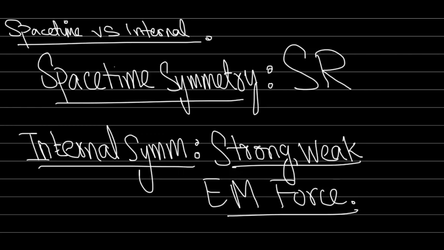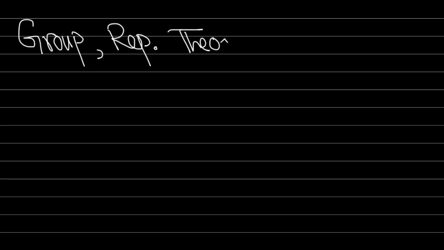We are going to have to deal then with the transformations, and we can do that mathematically, right? And how do we deal with transformations? We use the concepts of group theory and representation theory, right?